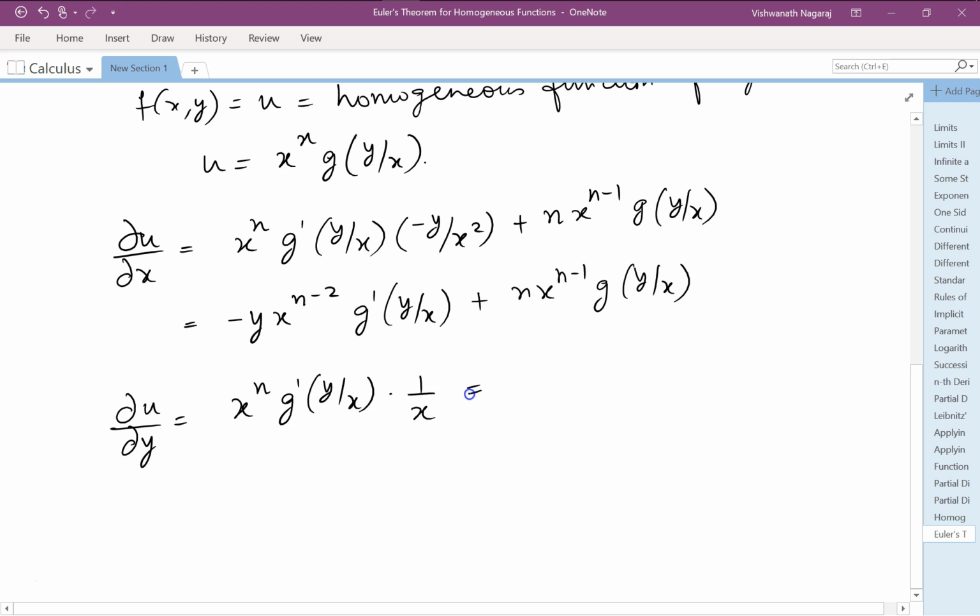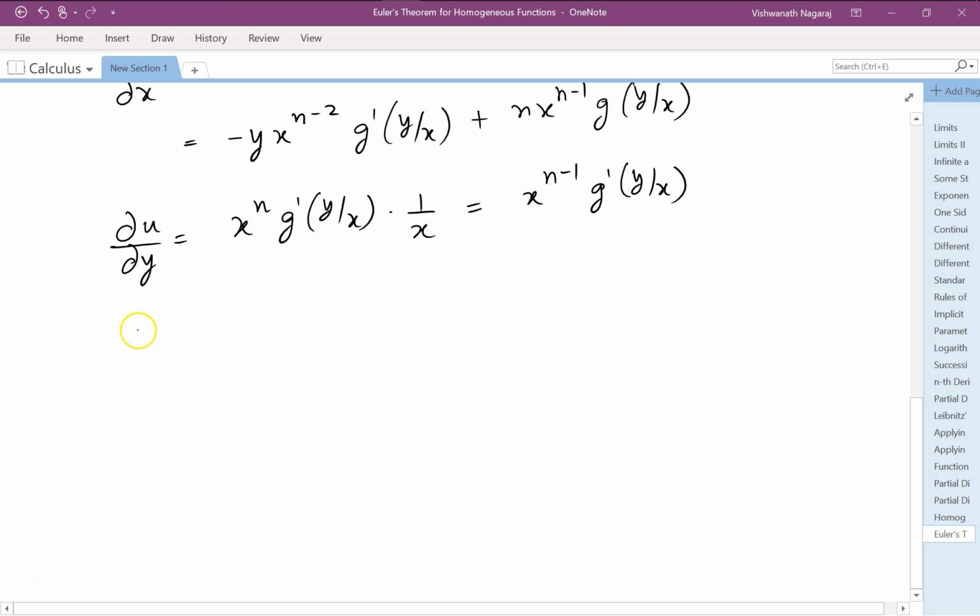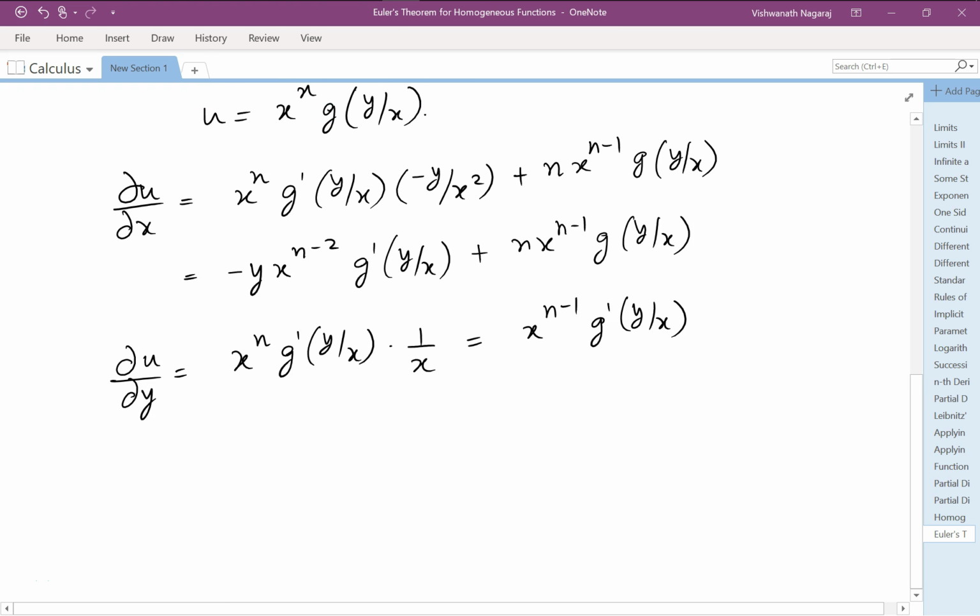Okay, so which can be rewritten as x to the power of n minus 1 g prime of y by x.